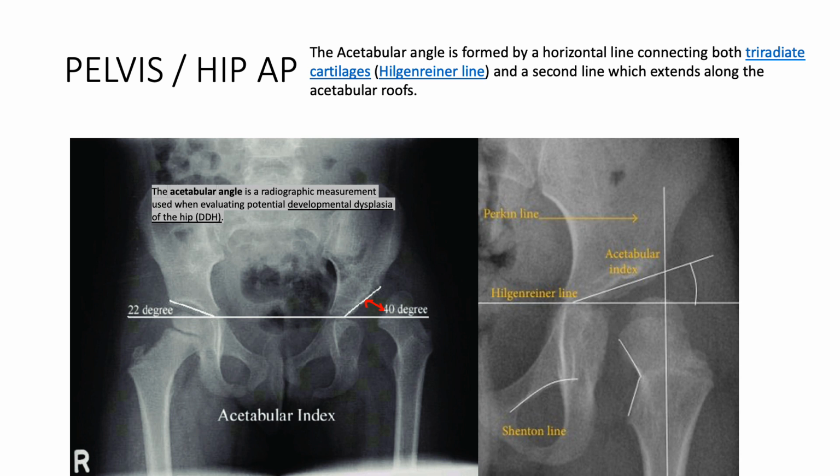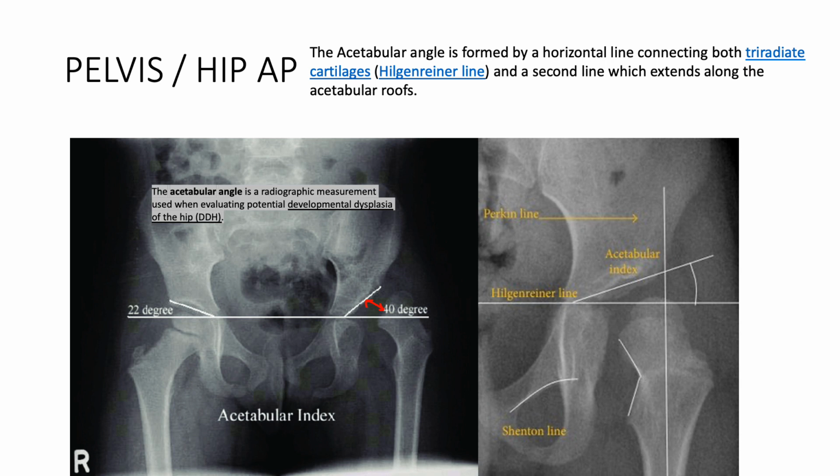In the study of the pelvis or the hip, we sometimes have difficulty deciding whether the hip is normal or not. So in pediatric cases where the epiphyses have not fused yet, you will see spaces, what you call the tri-radiate cartilages on both sides of the pelvis.